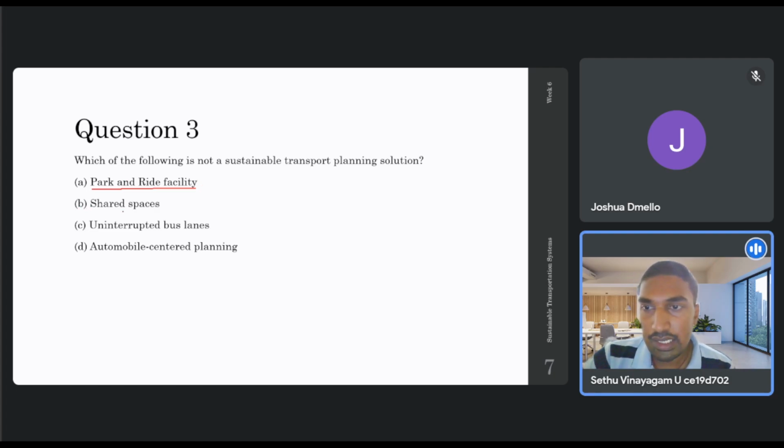Option B is shared spaces. So shared spaces refers to the use of the transportation system by different modes, right? For example, we could have dedicated lanes for buses, along with separate lanes for biking, and so on, along with the lanes for car traffic as well.